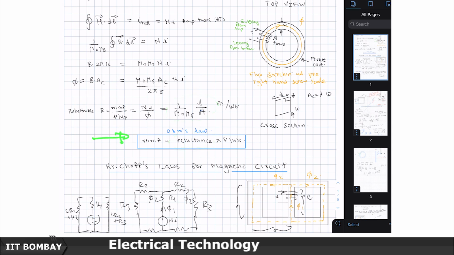So, we get a very interesting relationship which is the analog of Ohm's law for magnetic circuits with simple geometries, which is that MMF is equal to reluctance into flux.